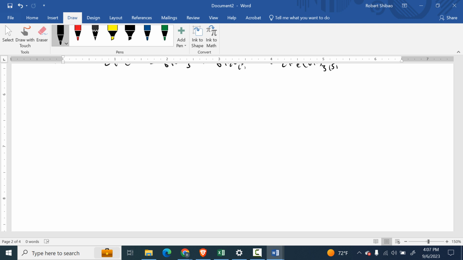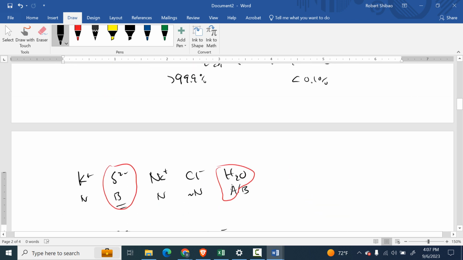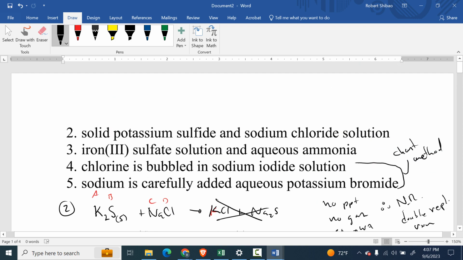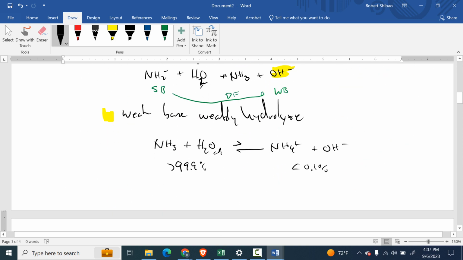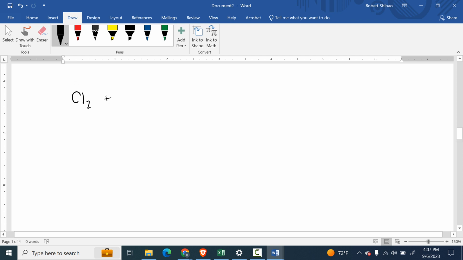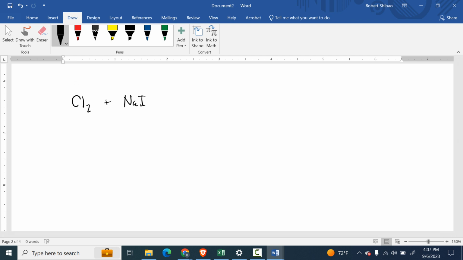Chlorine, what's the formula for chlorine? Cl2. So chlorine is bubbled in, what was it, potassium iodide? No, sodium iodide solution. So this is sodium iodide. Normally chlorine's a gas.